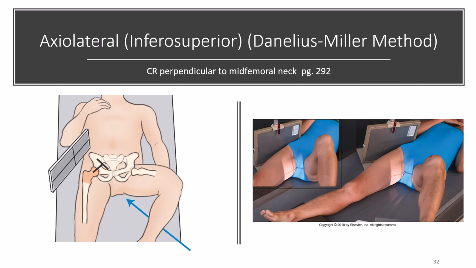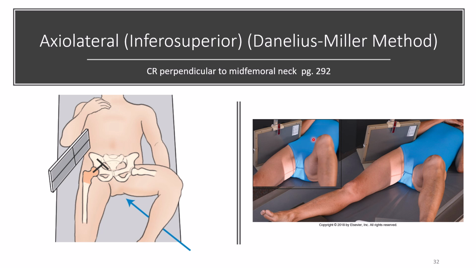is called an axiolateral or an inferosuperior projection. The technical term for this image is called the Danelius-Miller method. You are actually shooting cross table to get a lateral of the proximal femur.